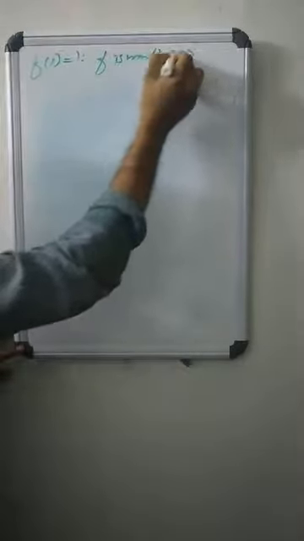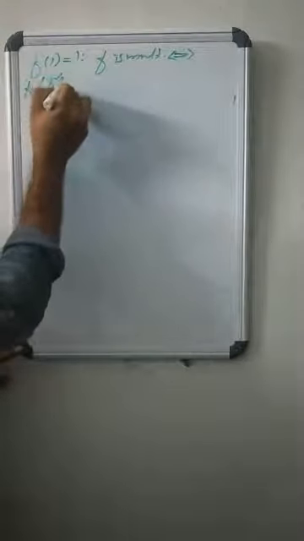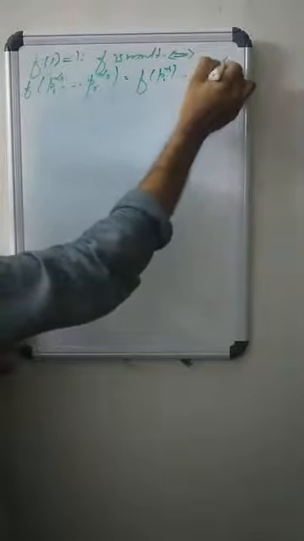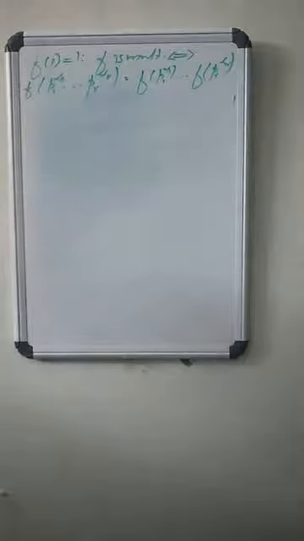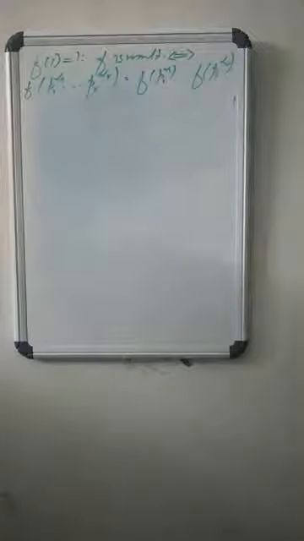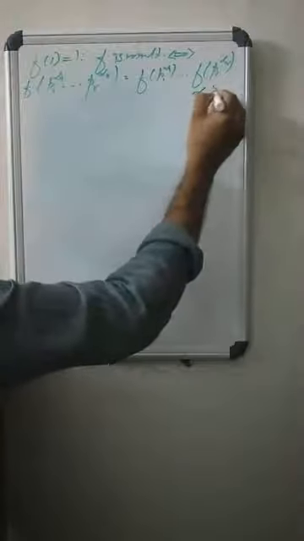F is multiplicative if and only if f of p1 power alpha 1 etc. pr power alpha r equals f of p1 power alpha 1 into etc. into f of pr power alpha r. This is the first result. When f of 1 equals 1, then f is multiplicative if and only if this factorization holds for all primes pi and all integers alpha i greater than or equal to 1.